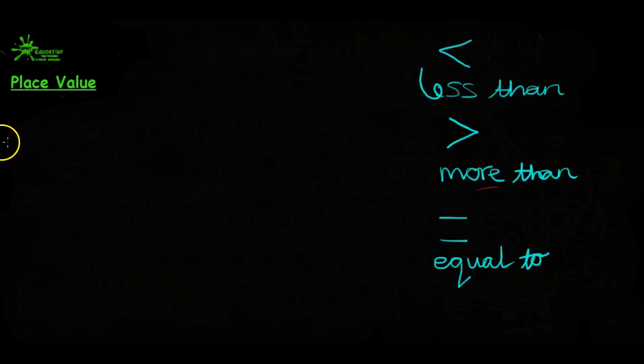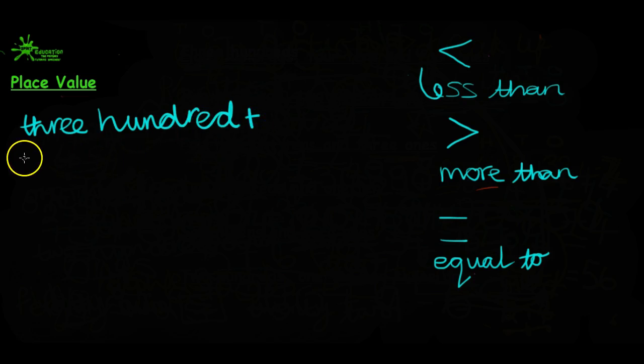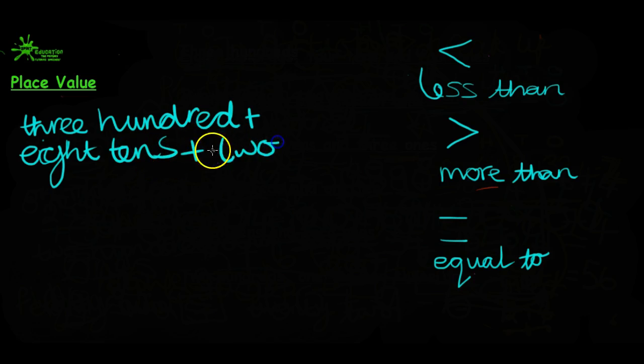Let's put, this is going to be a long one. 300 plus 8 tens plus 2 ones.